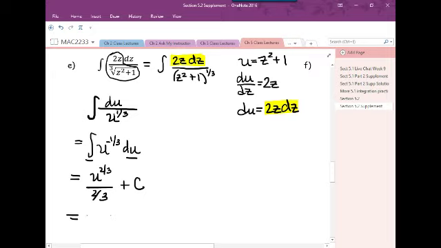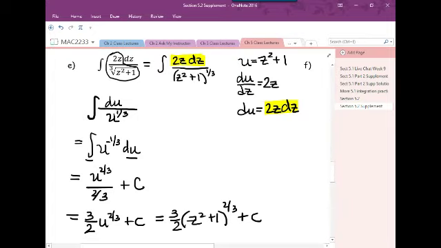Now division by a fraction is the same as multiplying by its reciprocal. So this would be 3/2 u to the 2/3 plus c. But we don't want u's in our answer. Our original question was about z. So let's see what this tells us about z. 3/2 times, and we have z squared plus 1 to the 2/3 plus c.